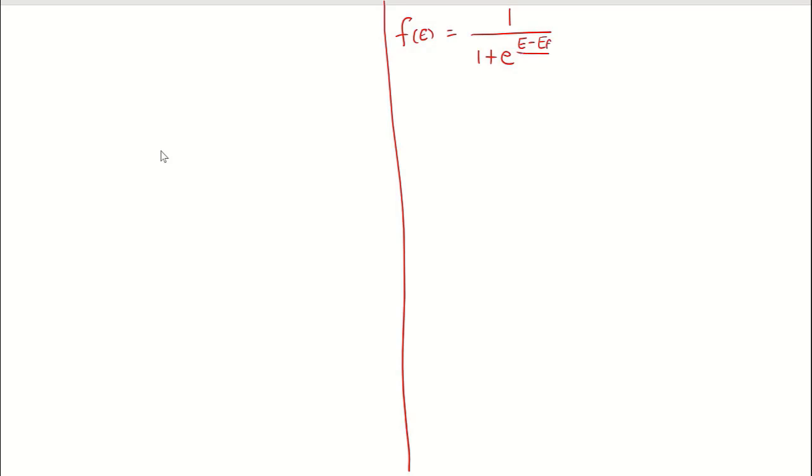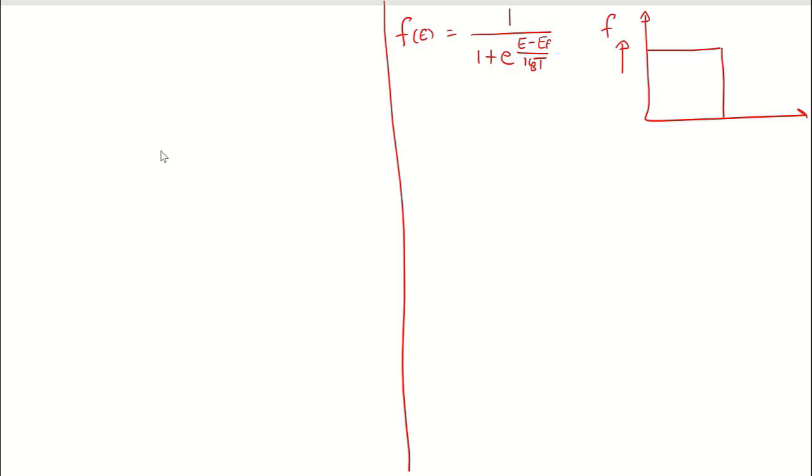It is given by f(E) equal to 1 upon 1 plus exponential of (E minus EF) upon kB T for the fermion, where kB is the Boltzmann constant. Okay, so it's plotted at absolute 0. It behaves something like this.